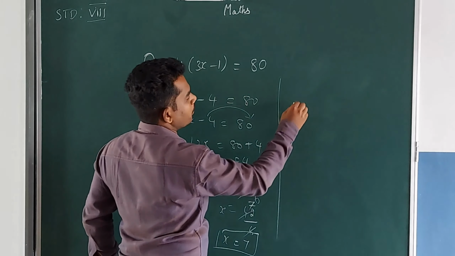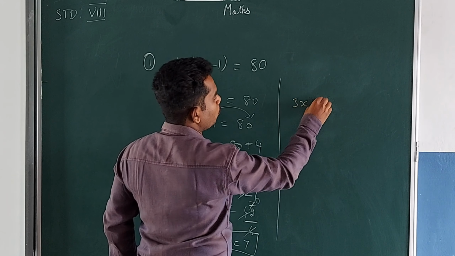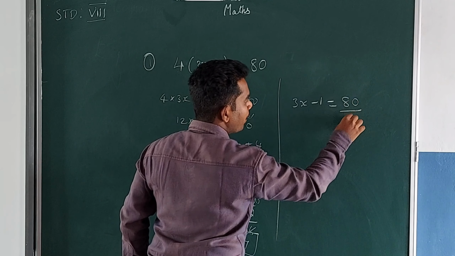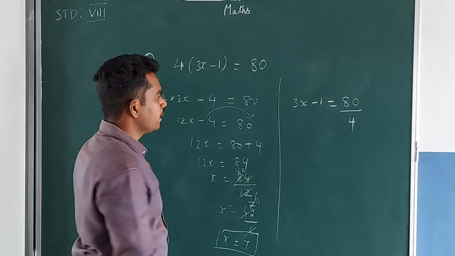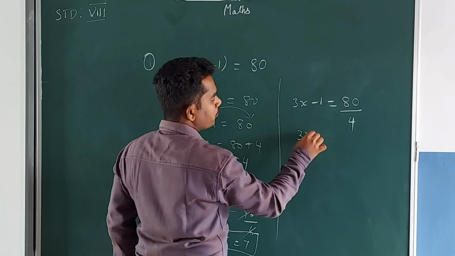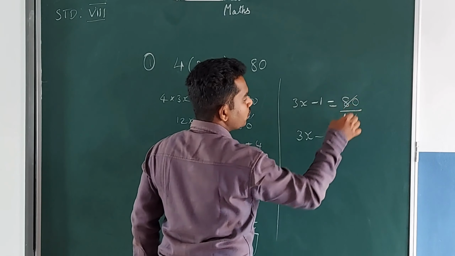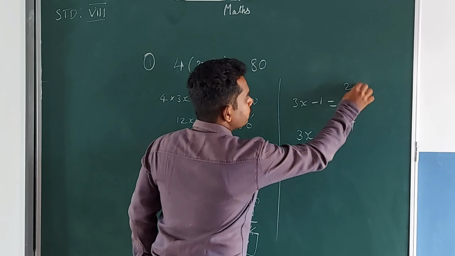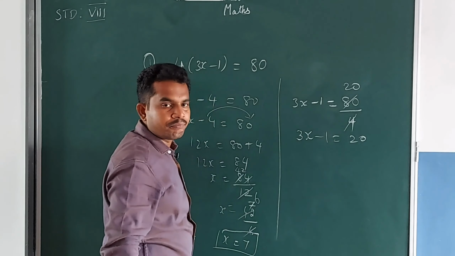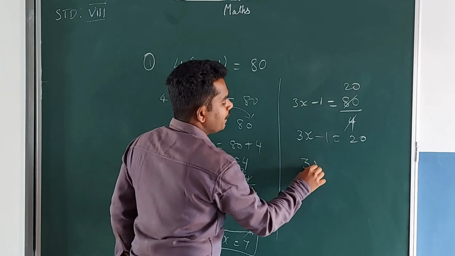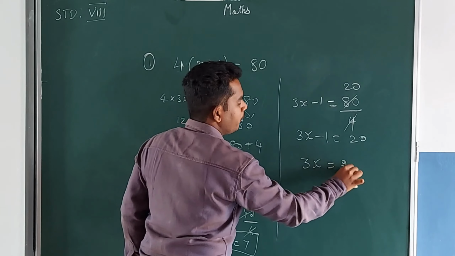So 3x minus 1 equal to 80 divided by 4. Okay, next 3x minus 1 equal to 80 divided by 4, what? 20. So 20. Next step, minus 1 goes to that side, 3x equal to 20 minus 1.